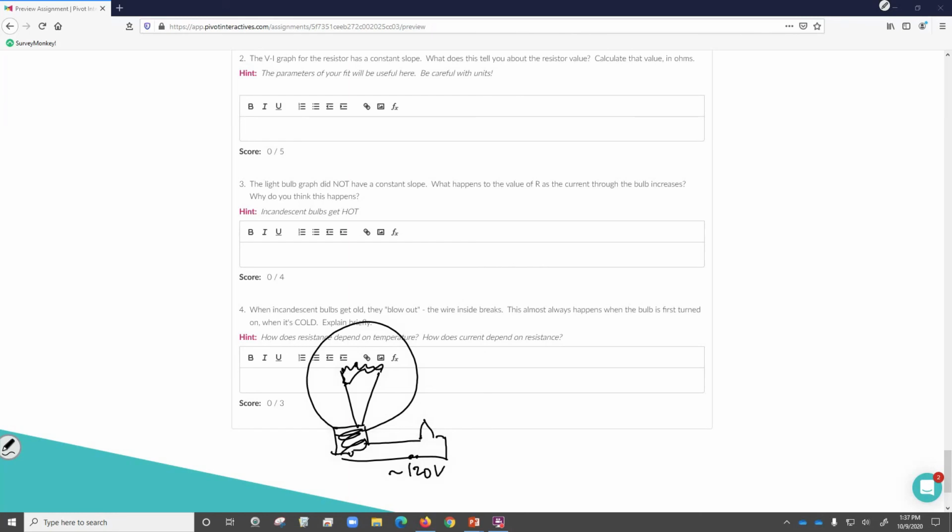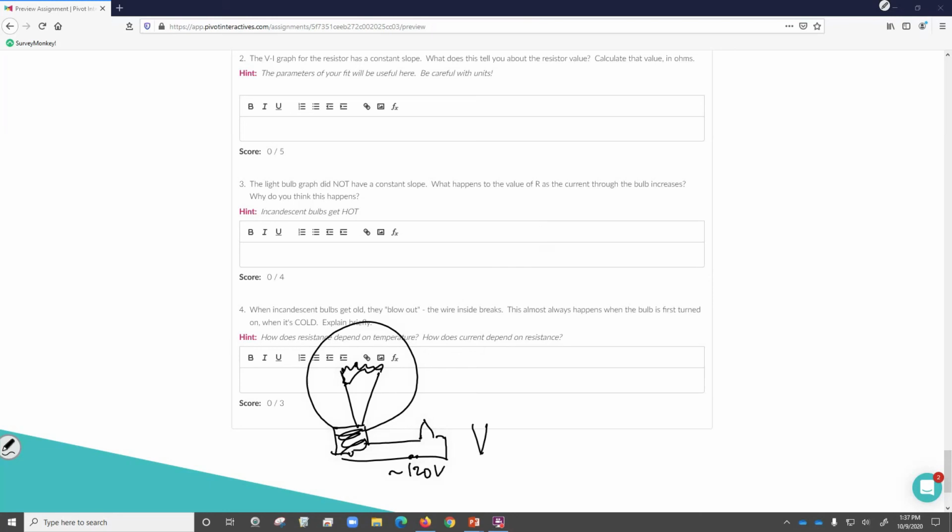And the question here is, why? If it breaks when we turn it on, not when it is already bright and hot. Well, we need to address this by relating voltage, current, and the resistance inside this bulb.